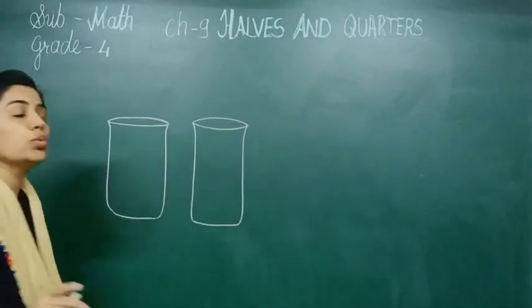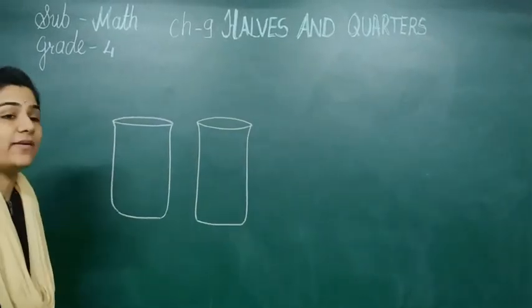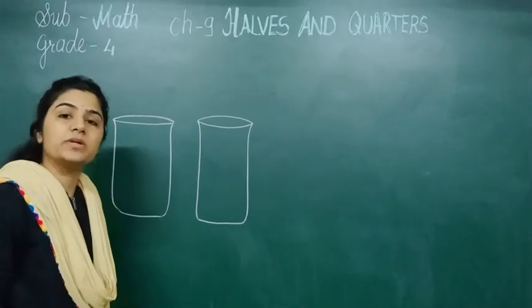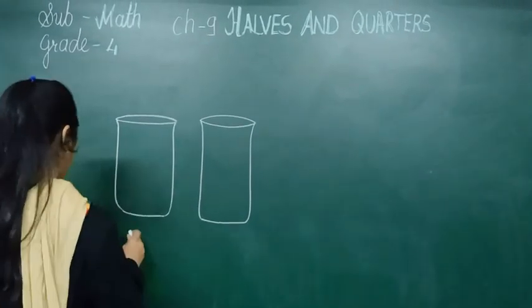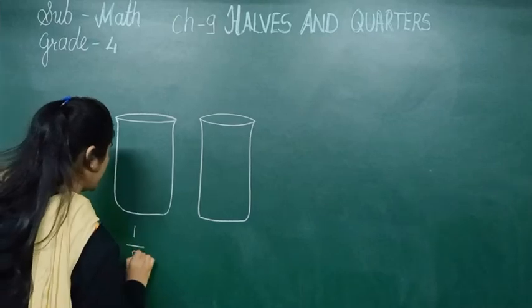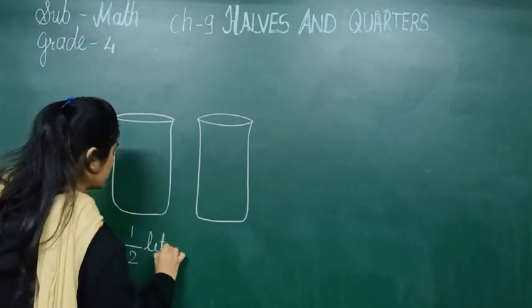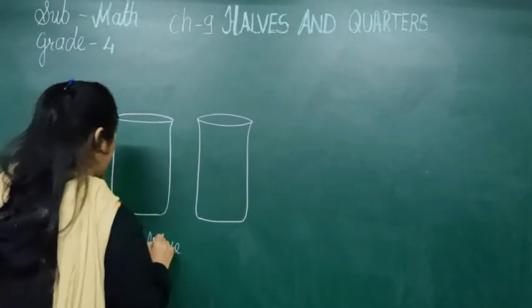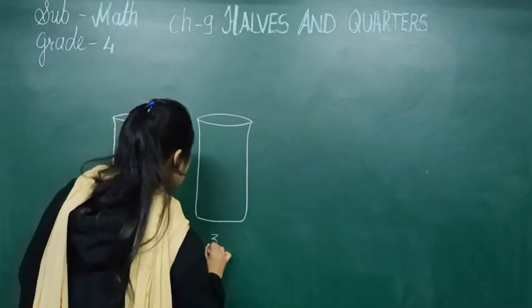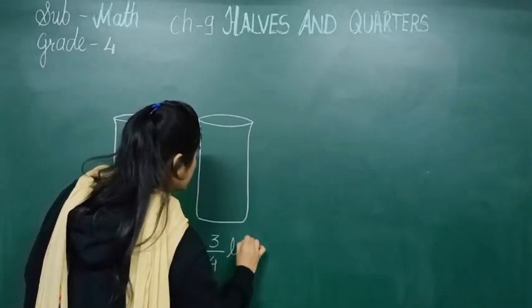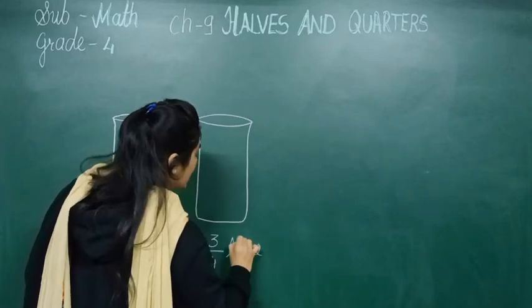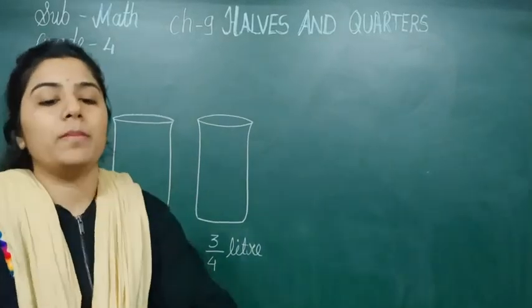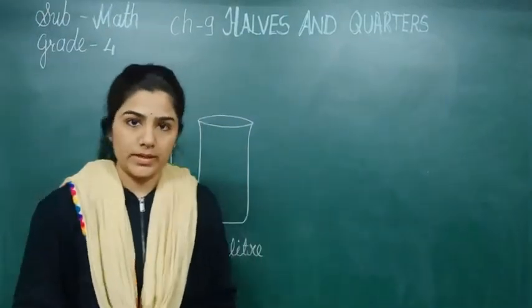See, I have drawn 2 containers in which we have to fill the milk as per the fraction, and downside the fractions are given: 1/2 liter and here 3/4 liter.